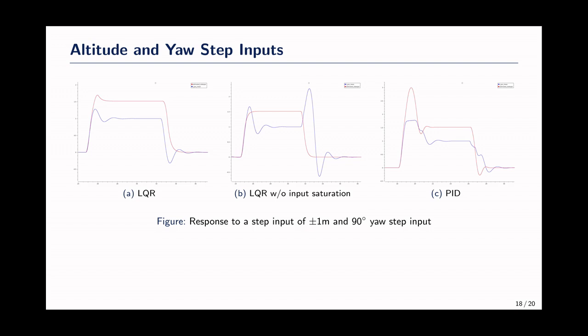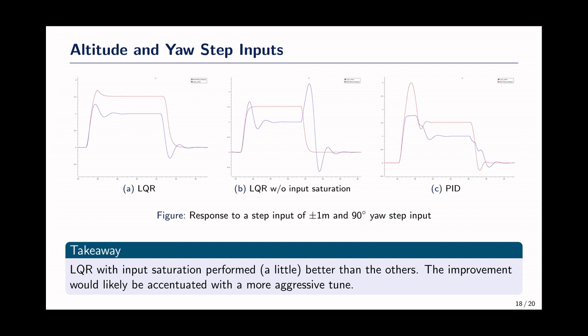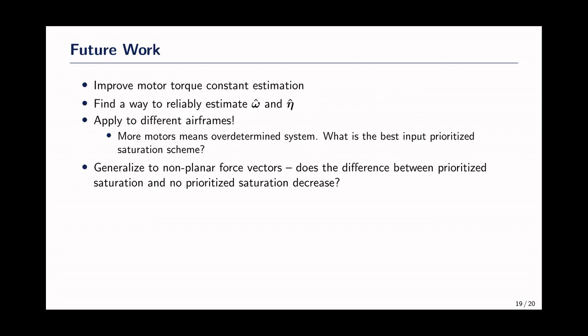That's due to the fact that when you yaw, you have to speed up some motors, and so the drone actually flies up before it can drop down. Whereas with the input saturation scheme, we don't have that. So it shows that it's useful, and the LQR with input saturation performed better. You would probably see more improvements if you had an even more aggressive trajectory that required more saturation.